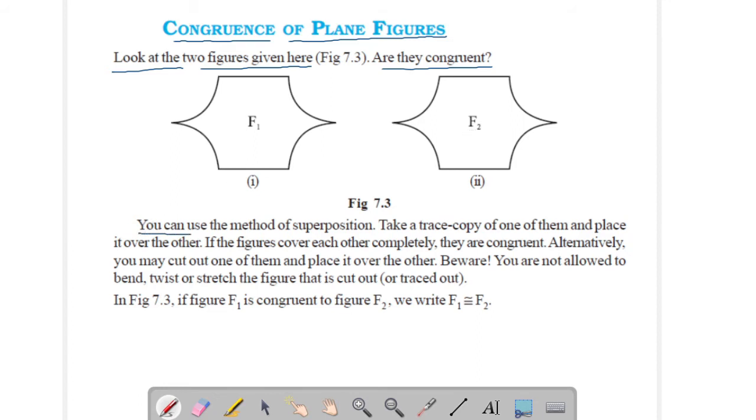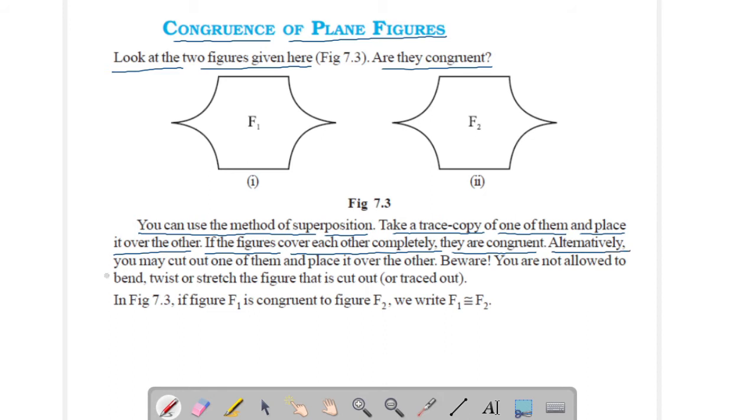Here you can use the method of superposition. Take a trace copy of one of them and place it over the other. If the figures cover each other completely, they are congruent.